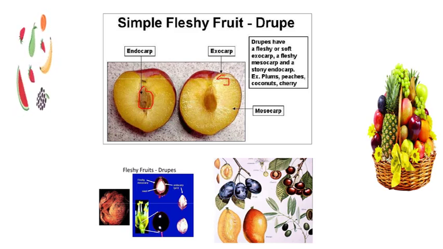So drupe is derived from a monocarpellary pistil with superior ovary. They are generally one-seeded, and their pericarp shows 3 distinct layers: the outer skin layer is epicarp, the middle fleshy region is called mesocarp, and the inner hard layer is endocarp.